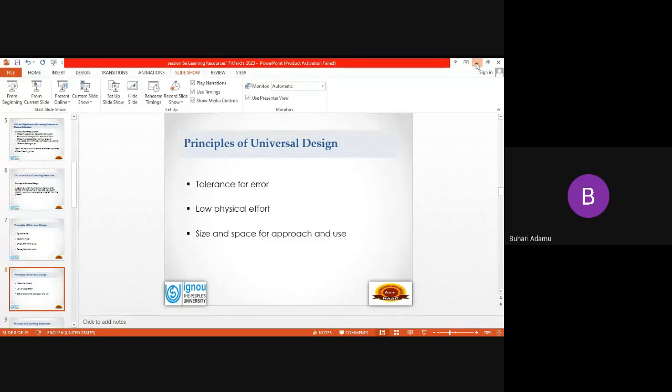So I don't find it really universal design because, for example, if somebody falls ill during the exam, they have a number of days to submit their medical certificate. Otherwise, it's considered a fail.